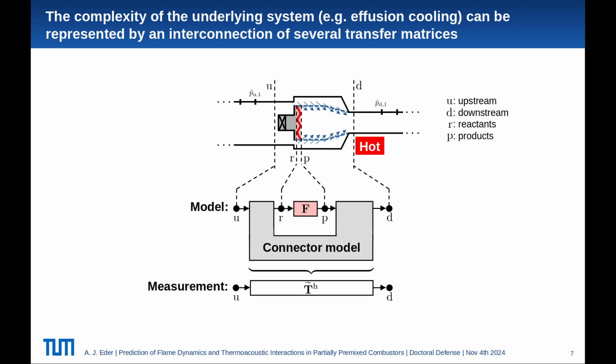This can, for example, be a low-order network model where everything from upstream to right before the flame, and from right after the flame until downstream, is modeled with a network representation. When we want to apply this to real data, I will show you on the next slide how this method exactly works.